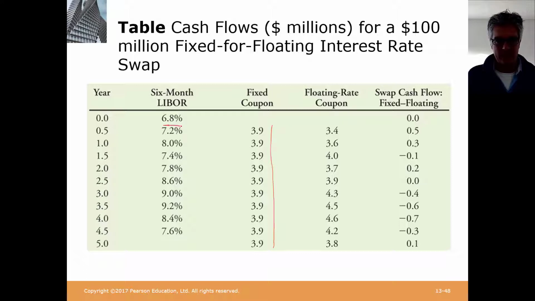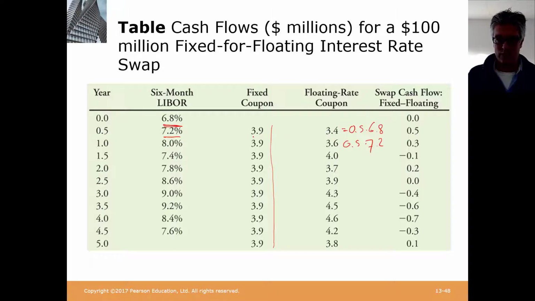And if over the last 6 months I had annualized LIBOR of about 6.8%, then my floating rate coupon here is 0.5 times this 6.8, here 0.5 times 7.2. And then simply look for the difference. Here the fixed coupon gives 3.9, the floating rate coupon gets 3.4.